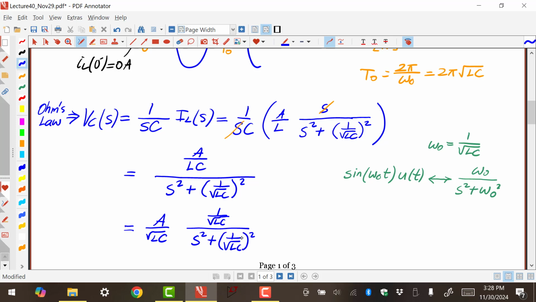If you want to write this in terms of omega naughts, what we have up there, to simplify, is A omega naught squared divided by s squared plus omega naught squared. So if you pull out one of the omega naughts, what you have is A omega naught times omega naught divided by s squared plus omega naught squared. Okay, of course, this portion right here in the parentheses, that's just a sine wave.